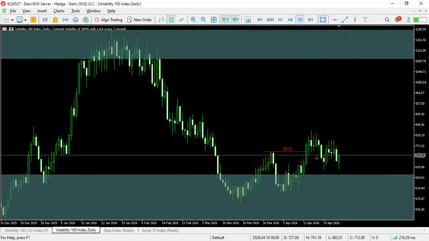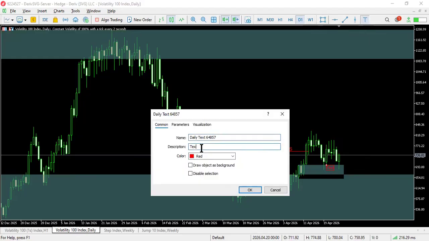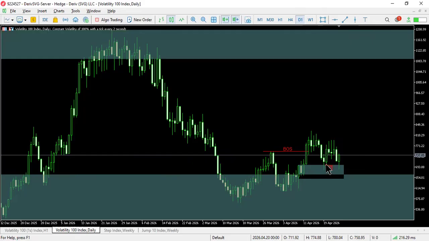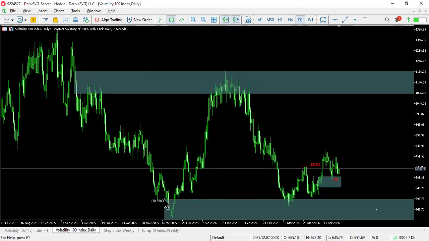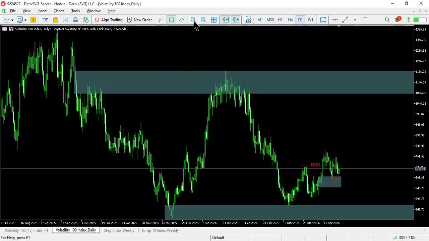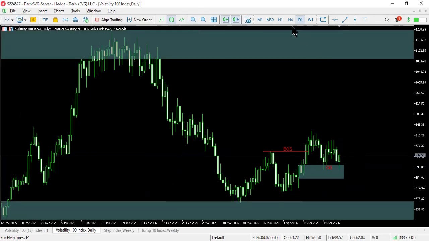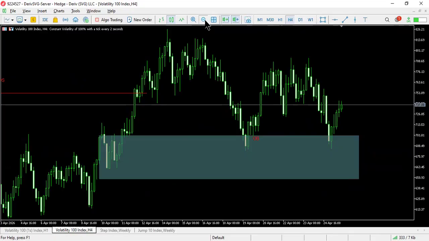And then the order block, which caused the break of structure, it is this order block where price just stepped in and we are getting a push to the upside. Heading over to the 4 hours time frame.